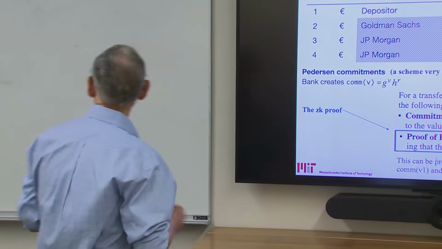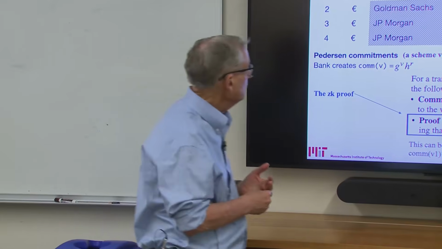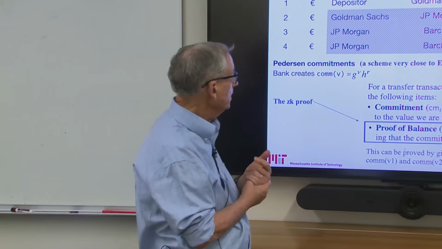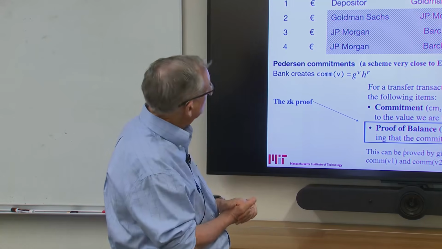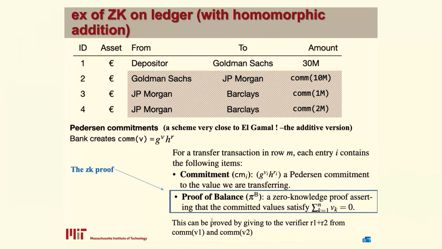So these are transactions on ledgers among Goldman Sachs, JP Morgan, and Barclays, transfers from one account to another, except that none of these 3 wants to reveal all of this, not even to the regulators. Say the regulators only want to make sure that transactions are balanced, that the sum of what came in minus the sum of what went out from one of these accounts is 0. That they're not double spending.